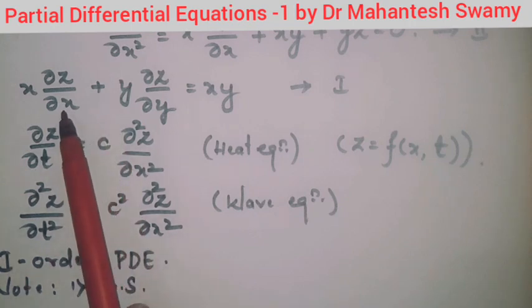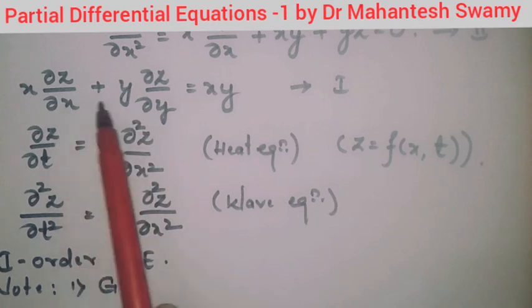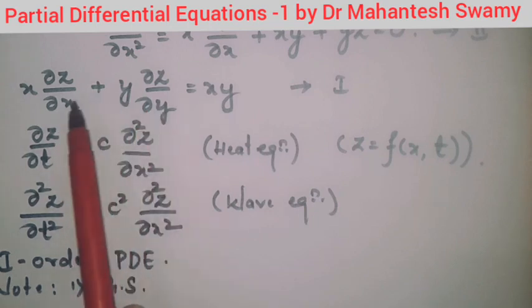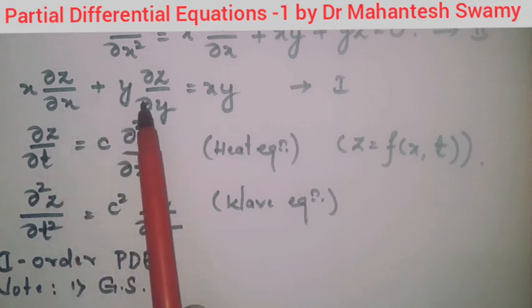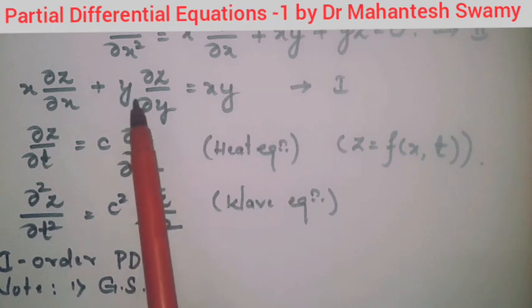Here we are observing two independent variables appearing in the given PDE. Therefore, the general solution of this PDE will have two arbitrary constants.